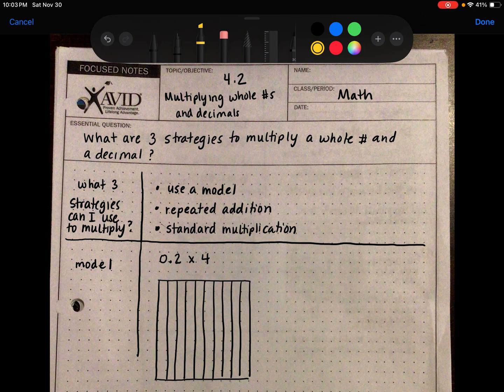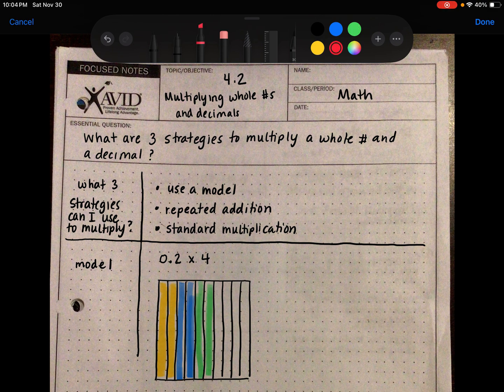Now, when we are multiplying 2/10, we're going to do it 4 times. So I'm actually going to use a highlighter here, and I'm going to show you what 2/10 looks like. So here's 1/10, and this would be 2/10. So if we did 2/10 4 times, that would be once.